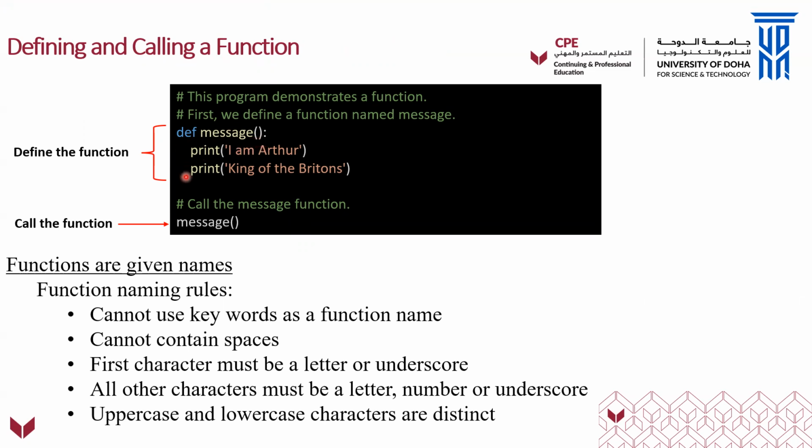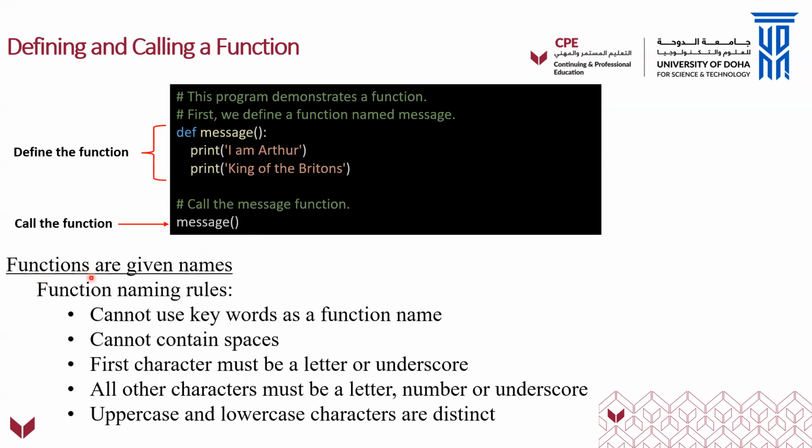After that, you have to list the segment of the code. After that, you can start calling the function. In order to call the function, you have to use the function name, like message, followed by open and close parentheses without adding the colon.